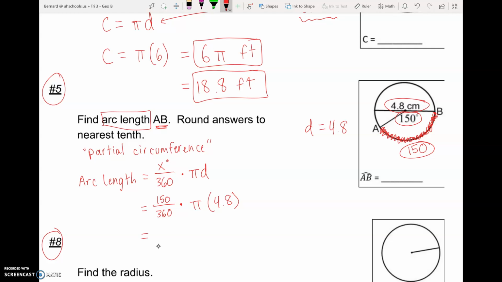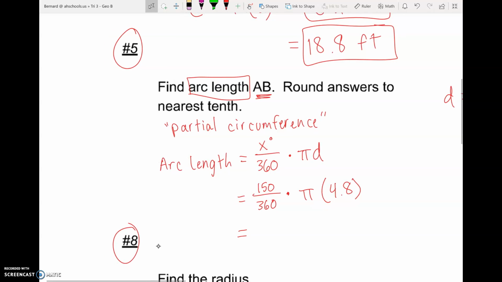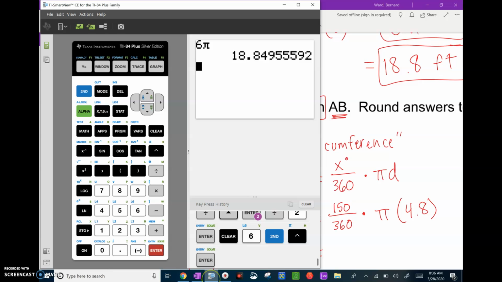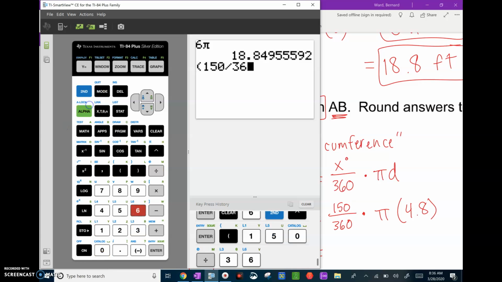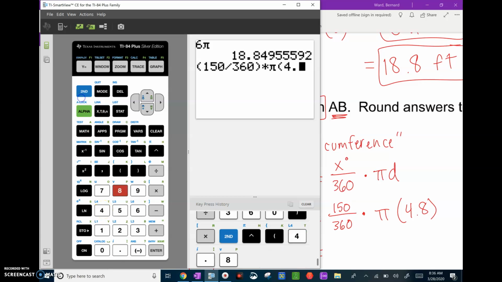And this one, because it's got a fraction, it's already got decimals. Let's just throw it into our calculator as is. We will get a decimal answer, and that will be our answer. So just a reminder that 150 divided by 360, that's a fraction. Let's put that in parentheses. So 150 divided by 360, all in parentheses, and then we'll do times pi, and there's different ways to do this, times 4.8, right?